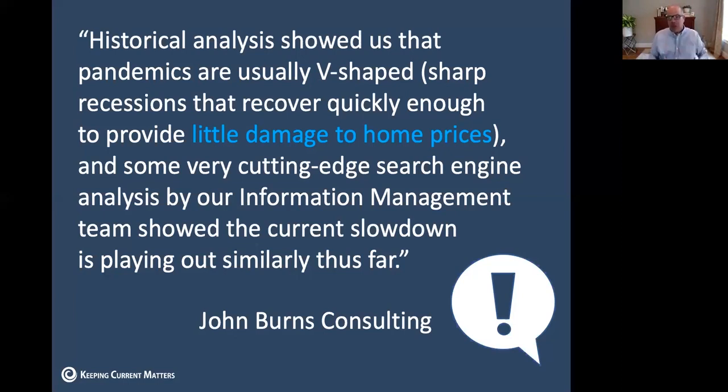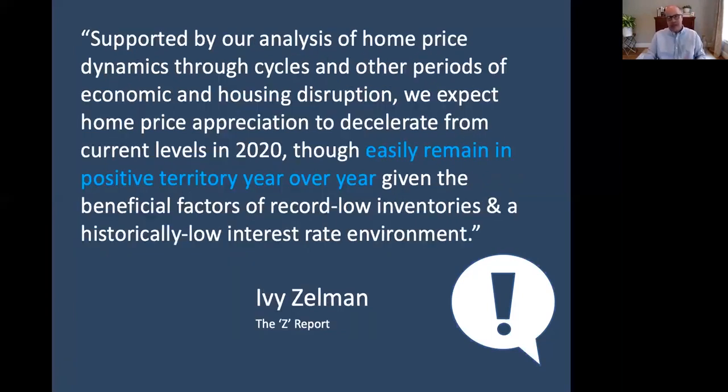There's two things we really want to look at when we look at these types of things. We want to look at trusted sources, which is what we've done, and trusted forecasts. Now, I will tell you, forecasts are just now starting to come out of what we see happening looking forward. The one I want to draw your attention to right now is from Ivy Zellman in the Z Report. Here's what Ivy says: supported by our analysis of home price dynamics through cycles and other periods of economic and housing disruption, we expect home price appreciation to decelerate from current levels in 2020, though easily remain in positive territory year over year.